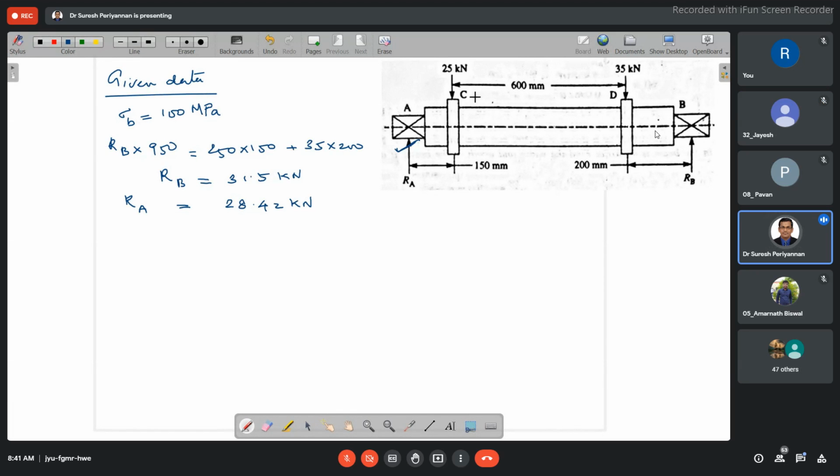Bending moment at C is with respect to the support RA, but since we are considering the bending moment at C, the 25 kilonewton load need not be considered. Bending moment at C is nothing but RA into 150. Can you tell me what the bending moment is? 4.26.